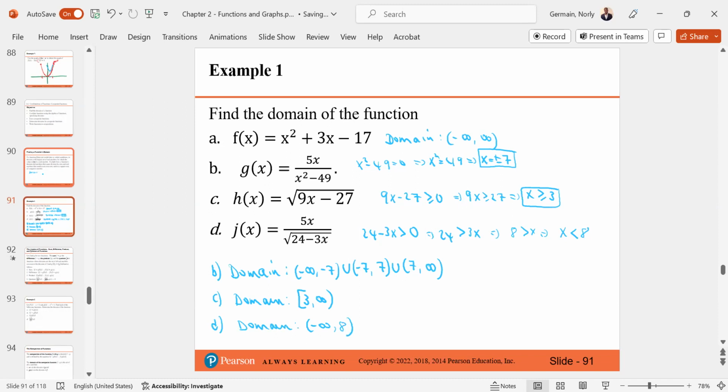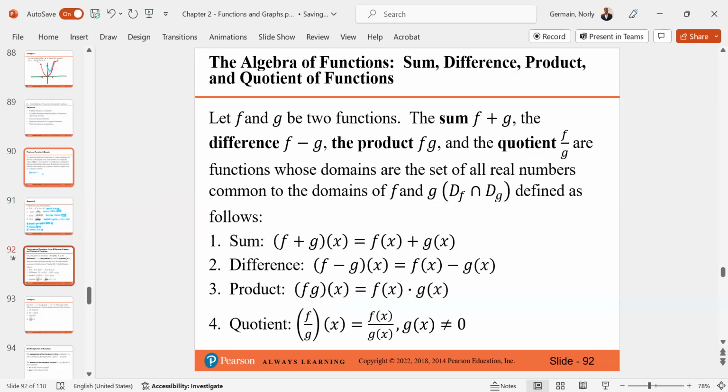All right, so if you don't have any problem with that, I believe we can move forward with a different example, especially talking about the sum, difference, product, and quotients of functions. So we can add functions.